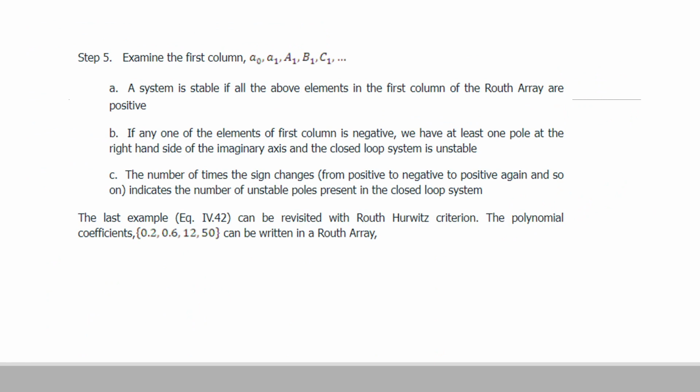And consecutively, we can also analyze the first column, that is a0, a1, b1, c1, and comment on the stability of the system using these points. That is, a system is stable if all the elements in the first column of the Routh array are positive.